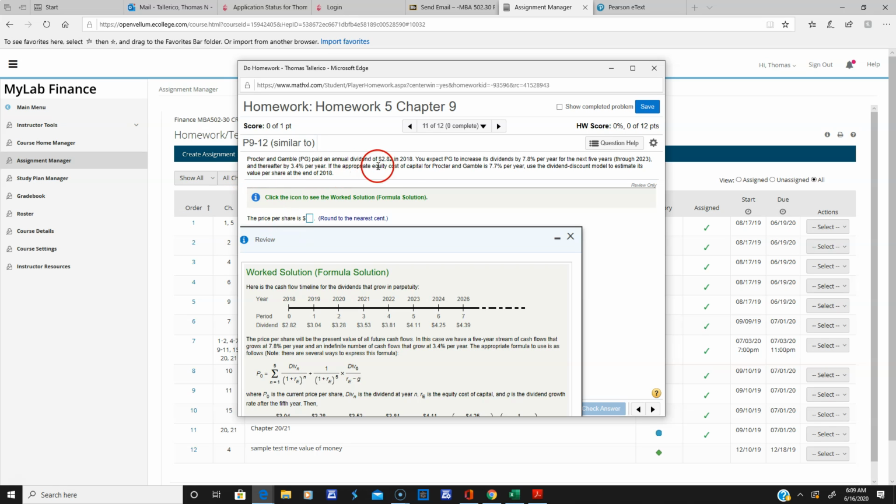If the appropriate equity cost of capital, so this is what their equity cost of capital is, it's 7.7%. So the equity cost of capital is what it's costing them to take equity, to borrow equity from you. That's their cost of capital.